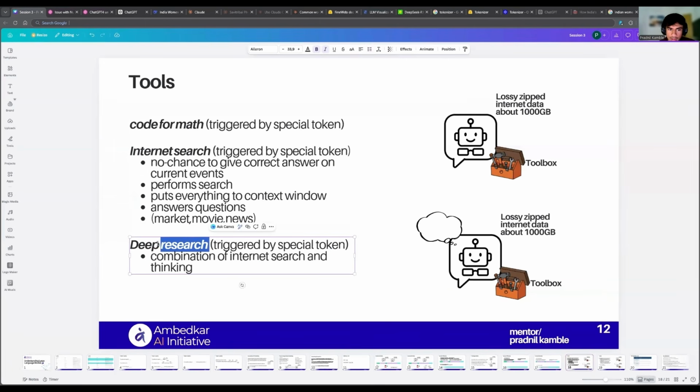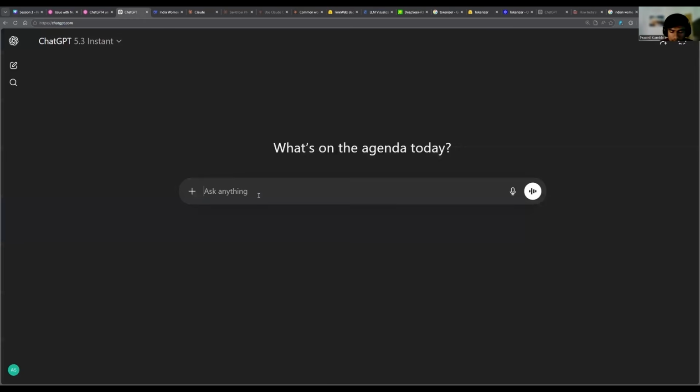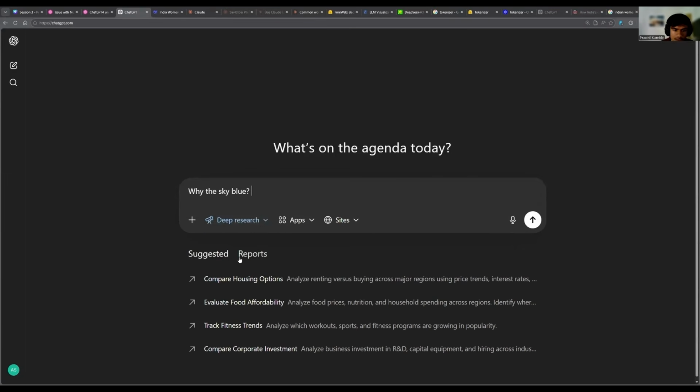Deep search, deep research is really interesting, and it's triggered by a special token as well. When you type something here, let's say why the sky is blue, we'll again stick to the simple question that we had. When you enter, you can use a lot of options here. One could be deep research. So here you choose deep research.